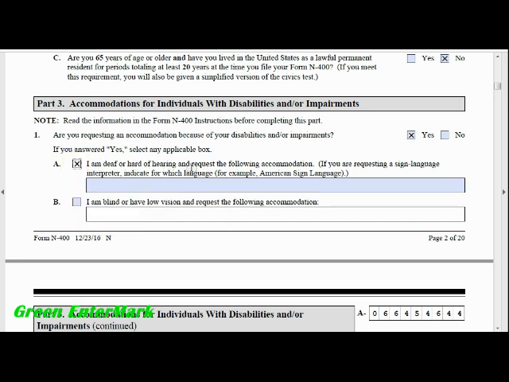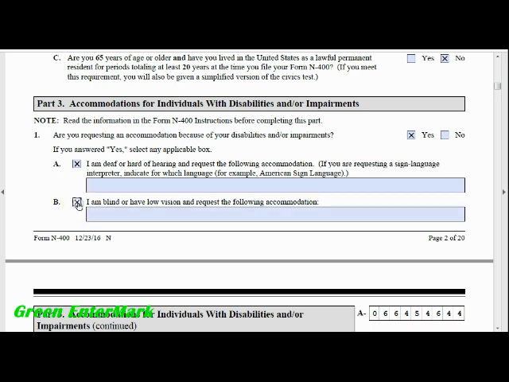If you are deaf or hard of hearing, request the accommodation, like sign language. At the time of the interview and test, they provide sign language or something like that.